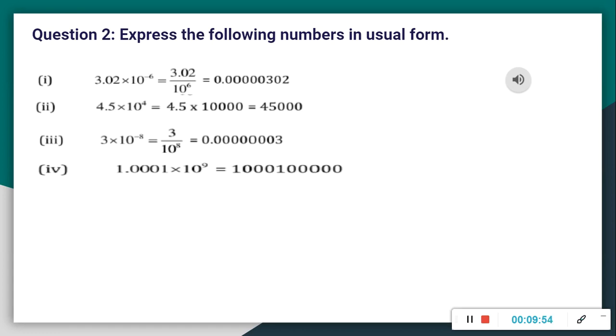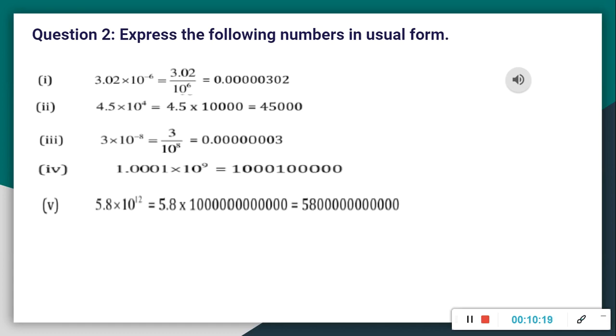So the answer will be 10001000000. You can see that when the power is positive, we are not putting the decimal, so the decimal number will come at the end and there is no need to put it there. But if it is a negative power, then the decimal comes on the left side, so there we surely have to write the decimal.